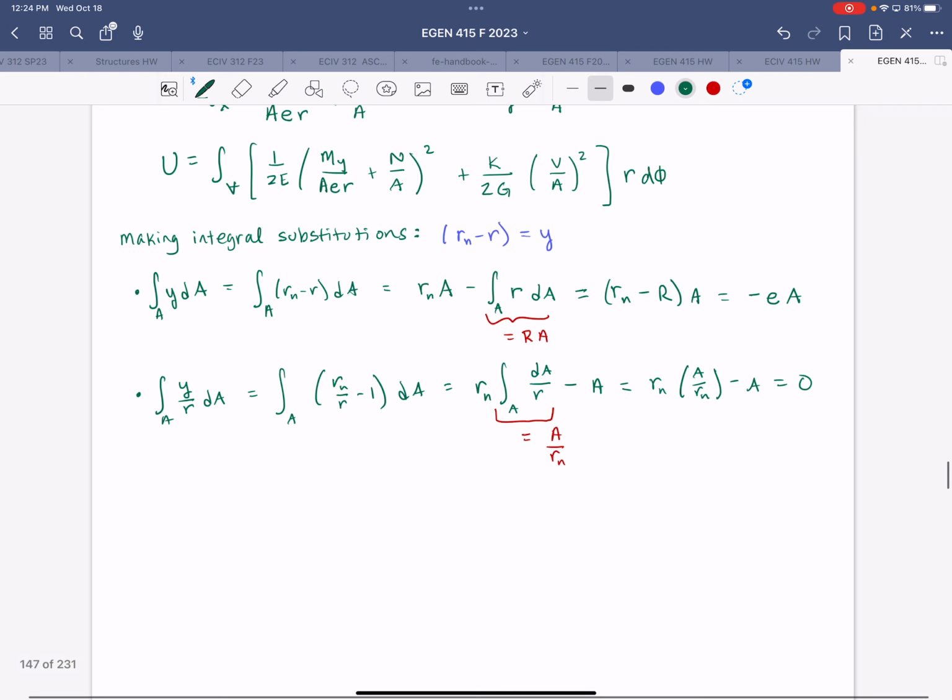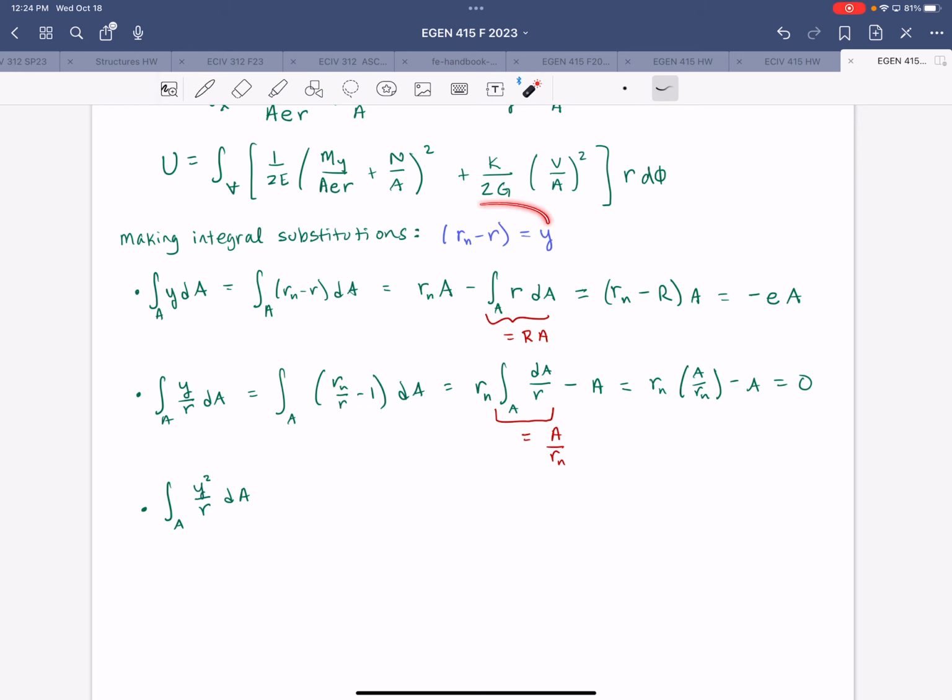And then the third integral substitution, again coming from this moment term being squared, or the normal stress term, I should say, being squared, we would end up with a y squared over r to integrate. And y and r are both variables, right?